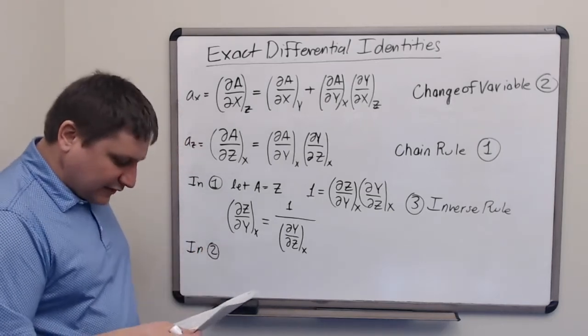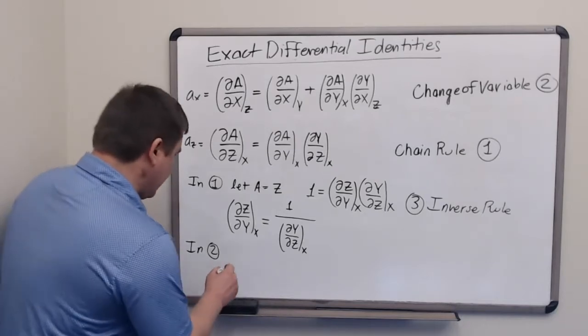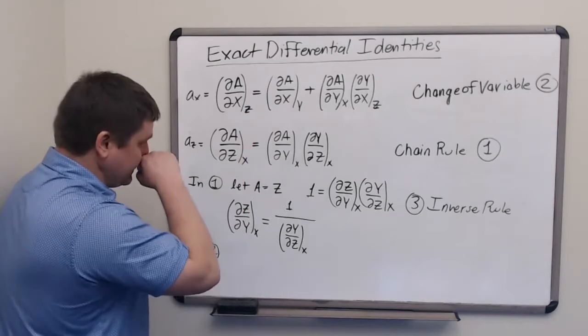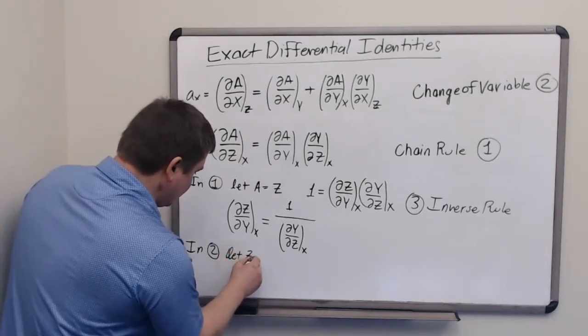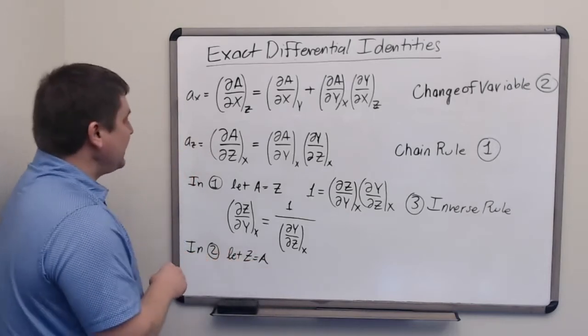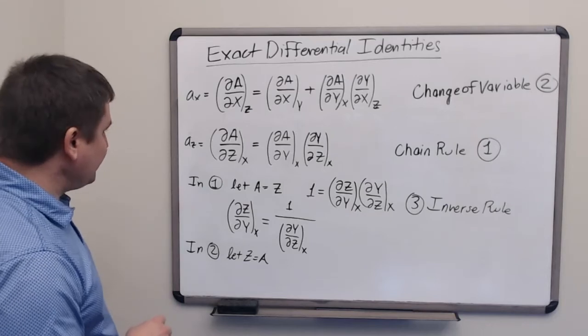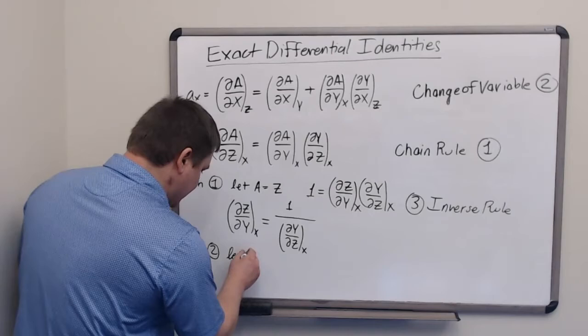Okay. The last one that we'll actually give a name to is going to follow from identity 2, the change of variable. Again, we're going to take that equation and let a be equal to z.